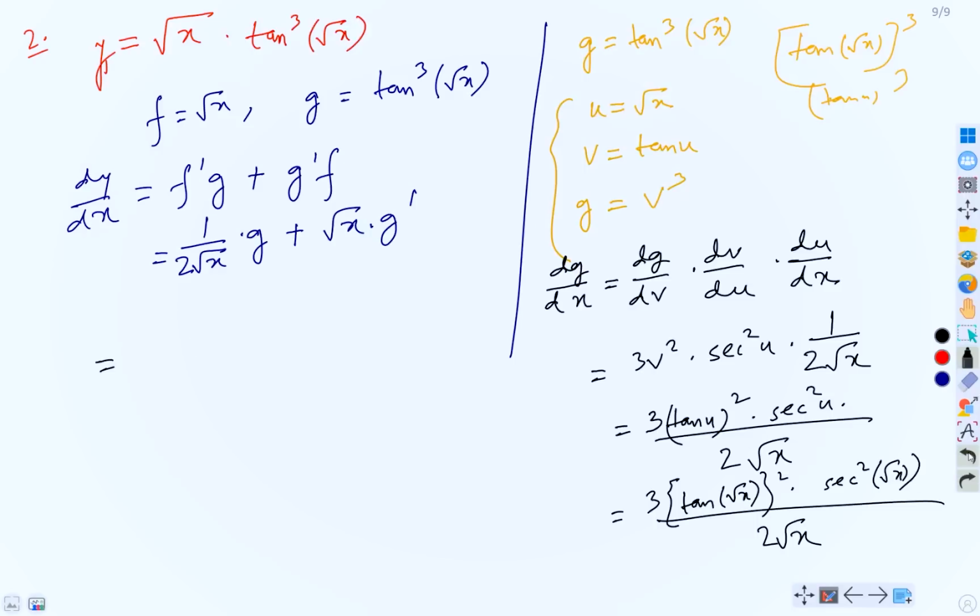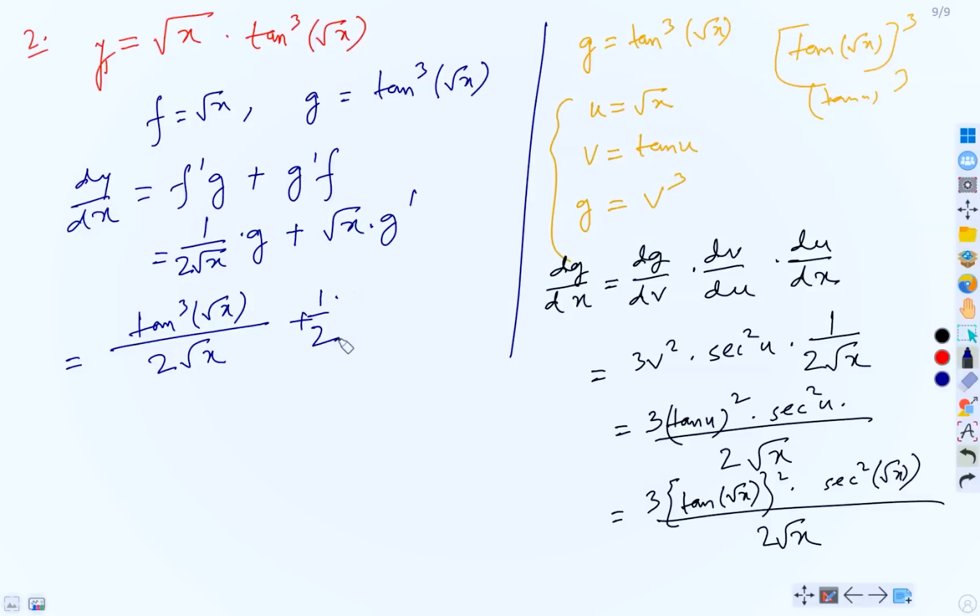I need to use blue color here. Now I am just doing some simplification, that's all. Our problem is done. Root x times this root x, this root x and this root x will get cancelled out. So cancelling out, I am writing the final version.